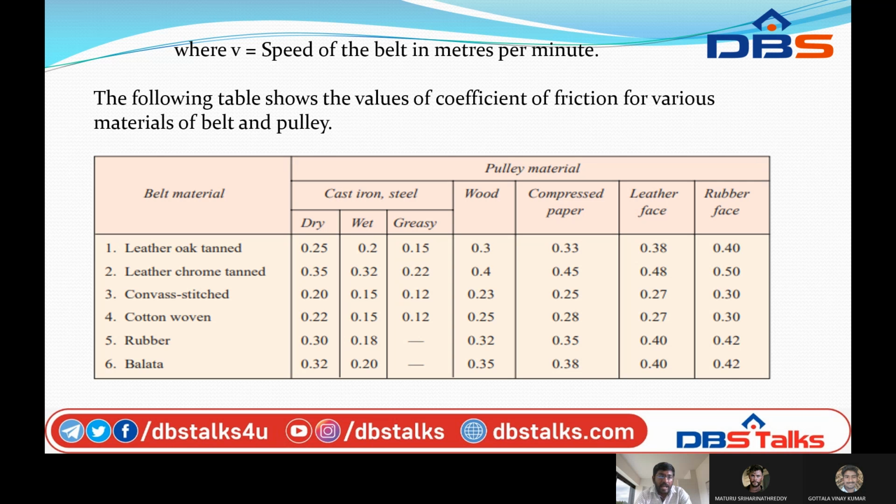Next, canvas stitched for the belt material. Pulley materials: cast iron or steel, dry 0.20, wet 0.15, greasy 0.12, wood 0.23, compressed paper 0.25, leather face 0.27, rubber face 0.30.